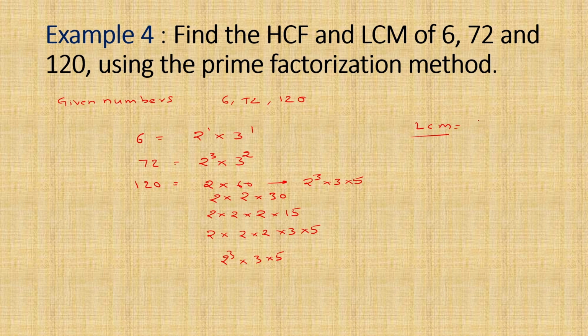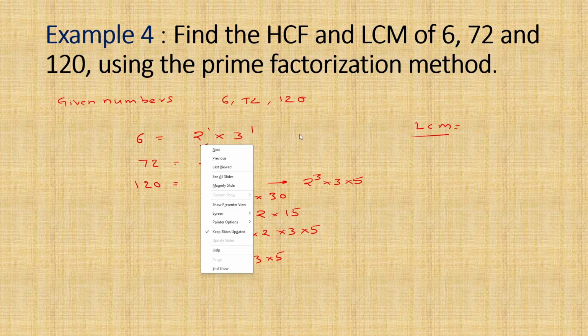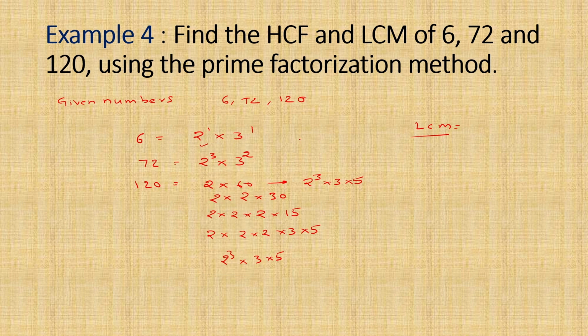LCM means we need to write all factors, and when common factors are there, we need to write the highest power. Here 2 is there: 2 power 1, 2 power 3 and 2 power 3. So the highest is 2 power 3. For 3: 3 power 1, 3 power 2, 3 power 1.